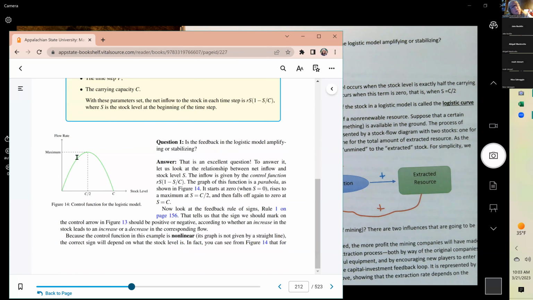So for the first half, it's a plus. For the second half, it's a negative. Any questions on that? I think that's the main part it's showing you there.